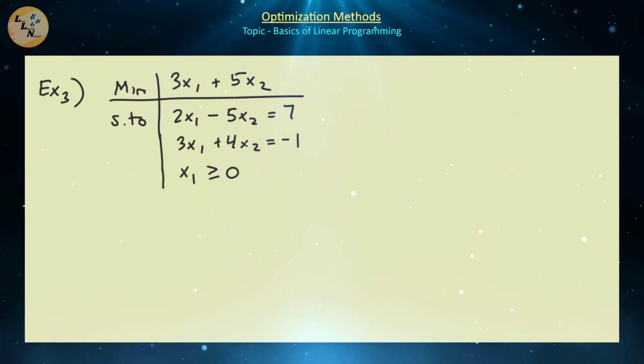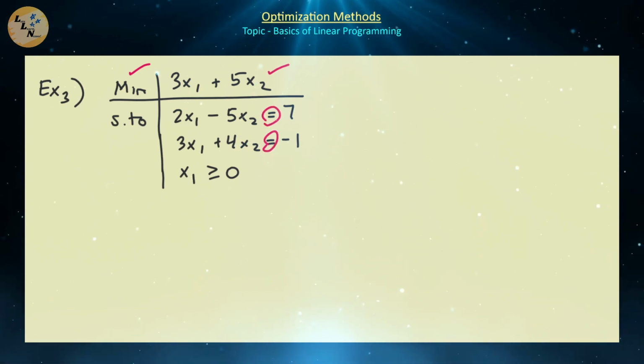So after you take a moment and think about it, notice that this is a minimization problem, so that's not an issue. Our objective function looks pretty nice. All our constraints are equalities, so that's also nice. But notice that we have two variables, x1 and x2, but only one of them is restricted, right?